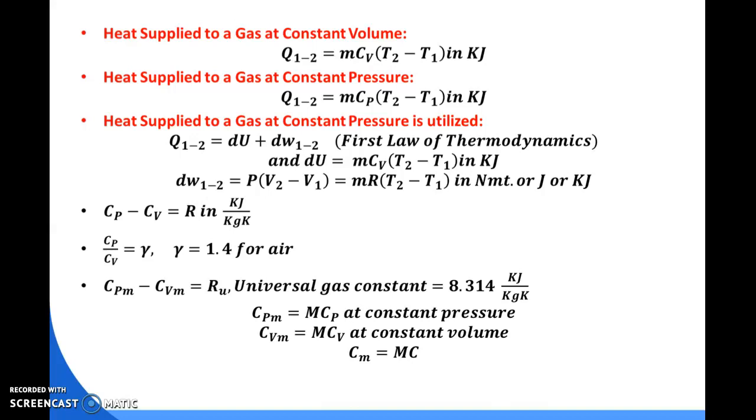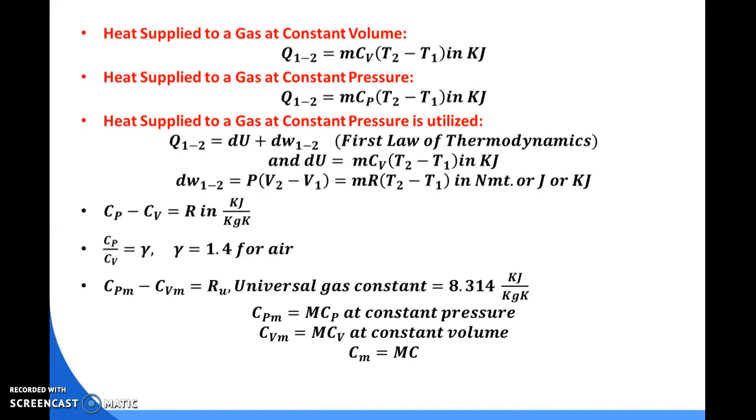So, inserting this value of du in the previous equation Q12 is equal to du plus dw12, I can write the equation dw12 is equal to P (V2 minus V1), that is equal to mR (T2 minus T1) in Newton meter or joule or in kilojoule, because I know that the work done is equal to pressure into the difference in volume, and that is also equal to mR (T2 minus T1).